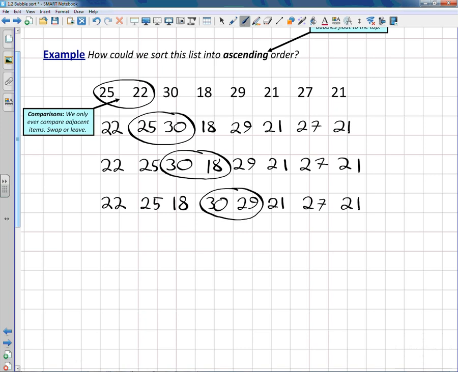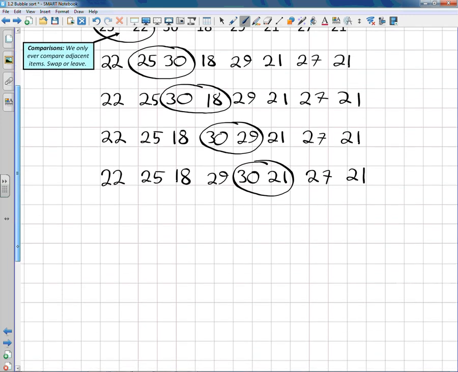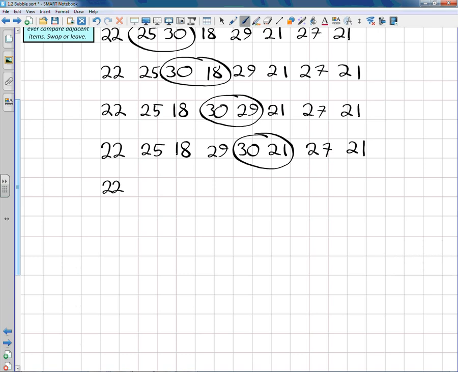Do we swap or do we leave alone? Of course, the big numbers need to gravitate to the right hand side. So it does jump over. And then the bubble moves along again. Do we swap that or do we leave it alone? Well, yes, 30 does need, in fact 30, you should see, will end up going all the way to the right hand side.